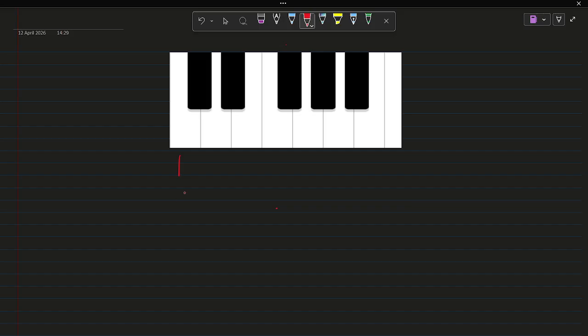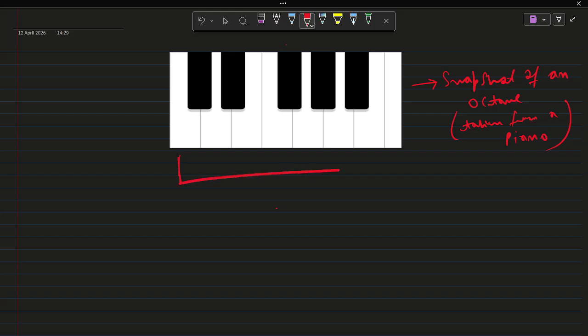This thing is nothing but a snapshot of an octave taken from a piano. Right. So from here to here, we define one octave.